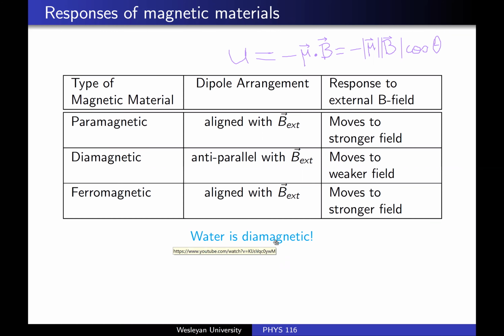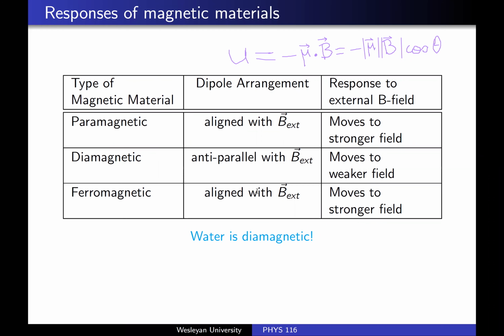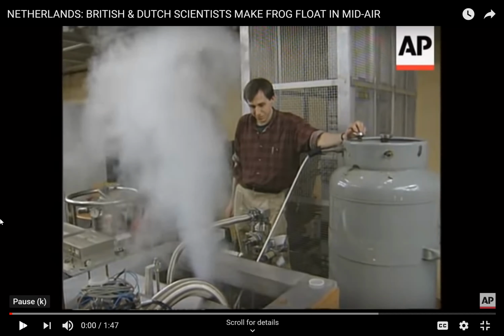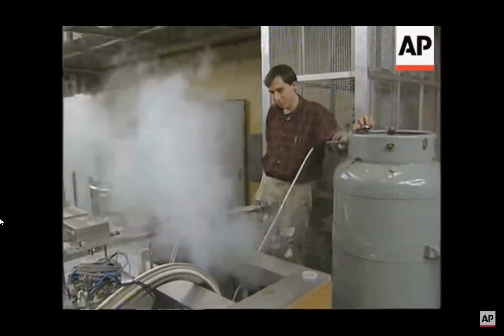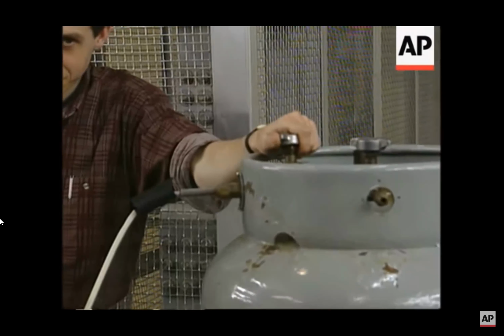And so let's take a look at a living object exposed to a strong magnetic field. Here, scientists are using superconducting materials to produce extremely high magnetic fields.